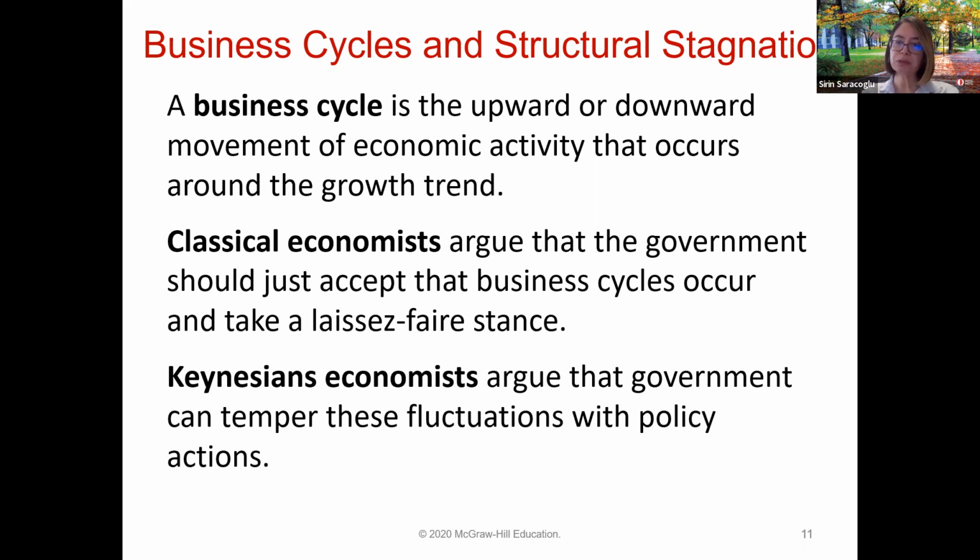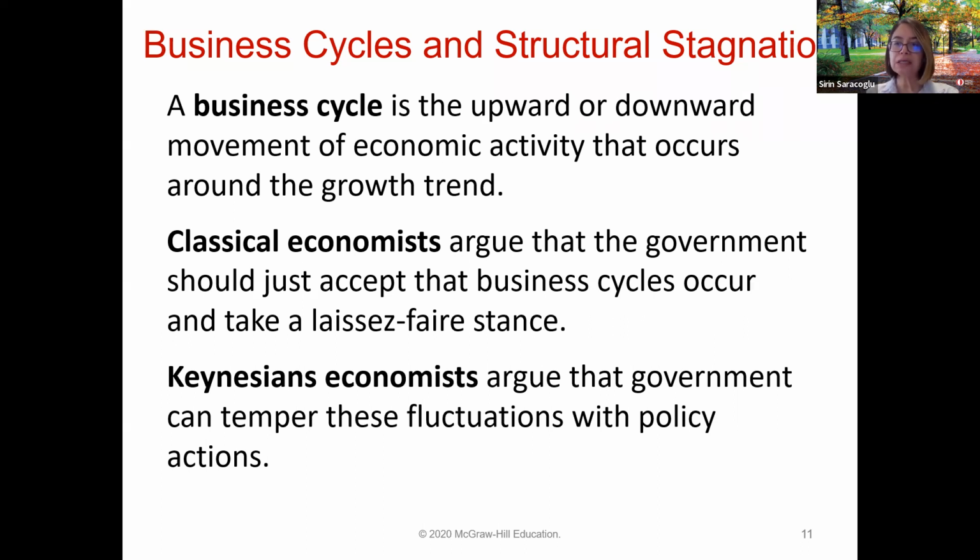Because they are the outcome of the optimal responses of economic actors, firms, and consumers. So according to the classical economists, since business cycles occur naturally in response to the optimizing behavior of the economic actors, the government should not do anything about them.